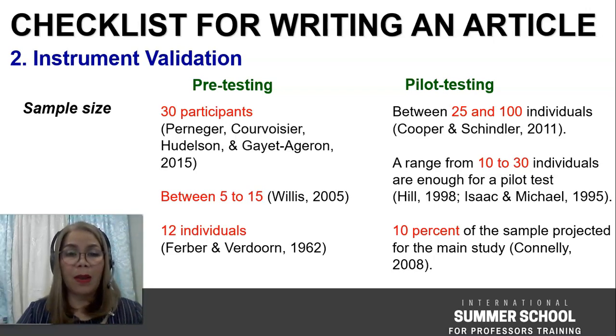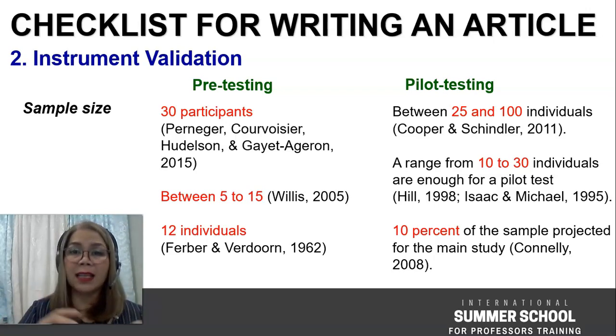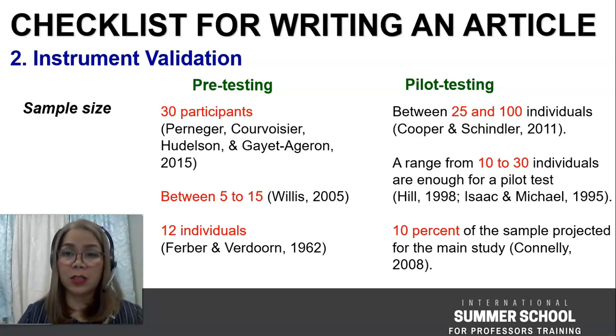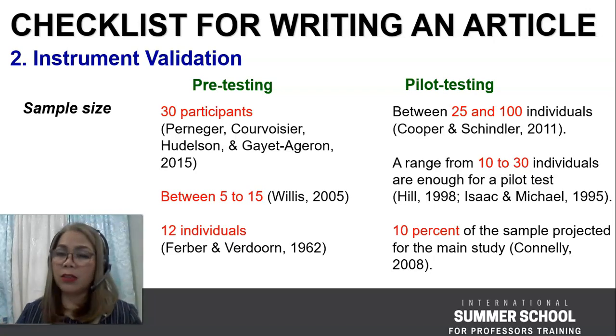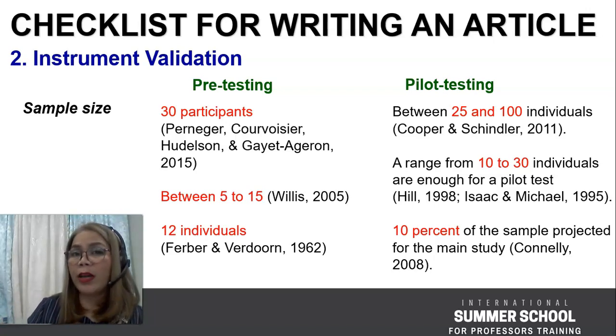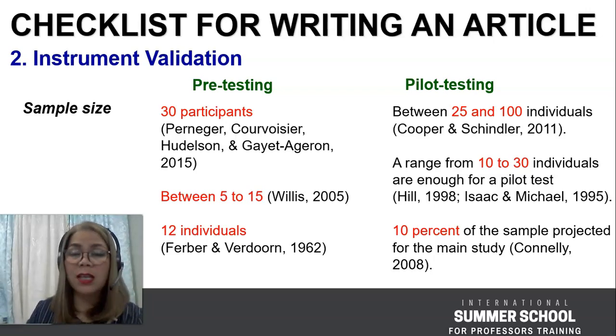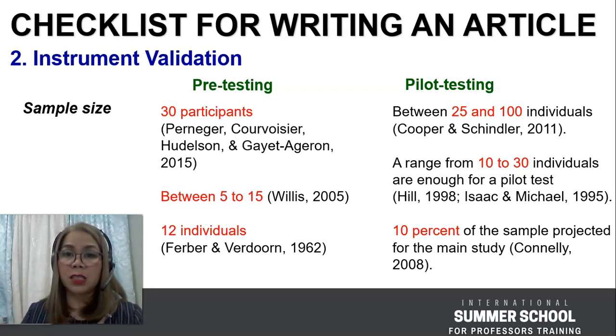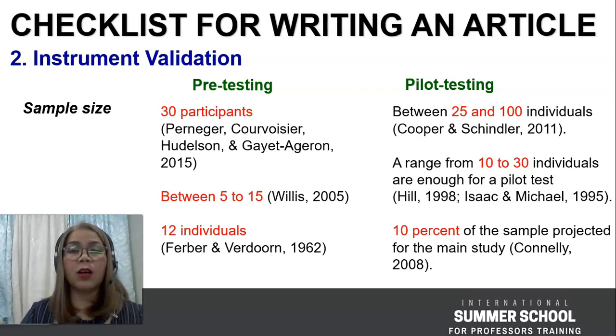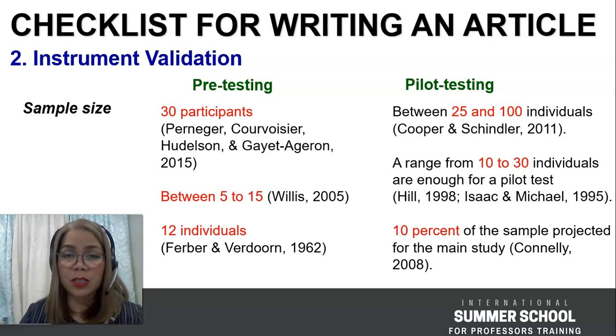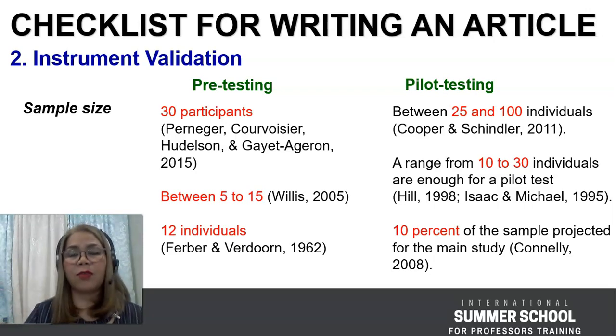It's up to you, depending on the complexity and the length of your research instrument. Meanwhile, pilot testing can employ 25 to 30, 25 to 100 individuals, 10 to 30 individuals, or 10% of the sample projected for the study. Again, it depends on the complexity and the length of your research instrument.